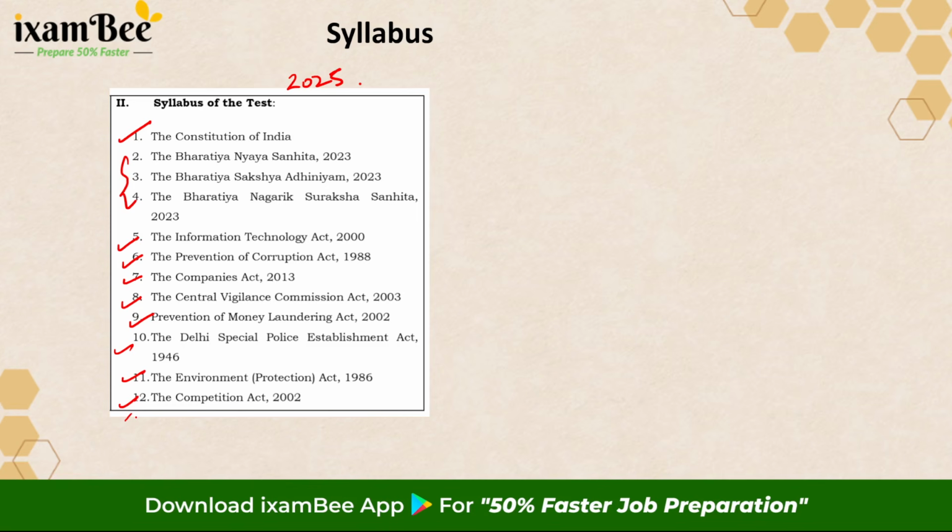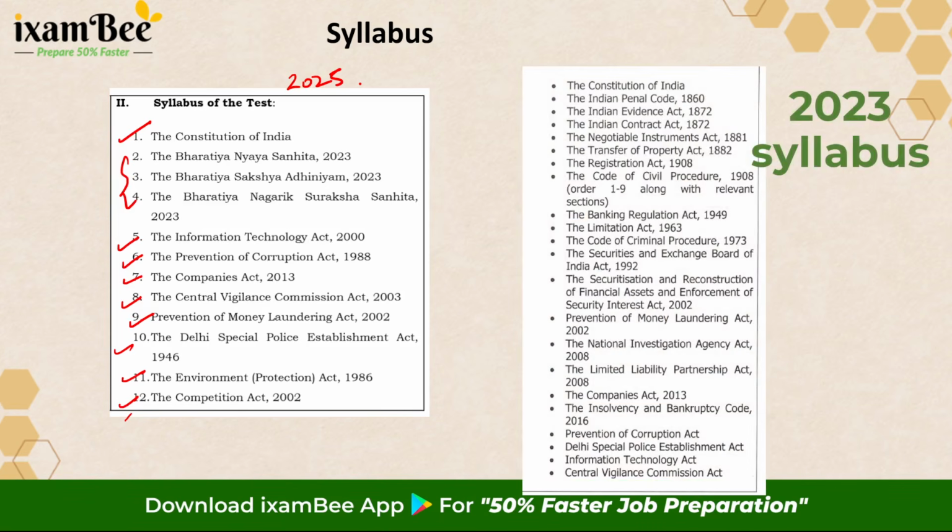As I stated, this is a much reduced syllabus as compared to 2023, where the syllabus consisted of additional laws including your civil laws, your banking laws, and your contract laws. So in addition to what is there in 2025, there were a lot of acts that you had to cover, which has become easier this year.